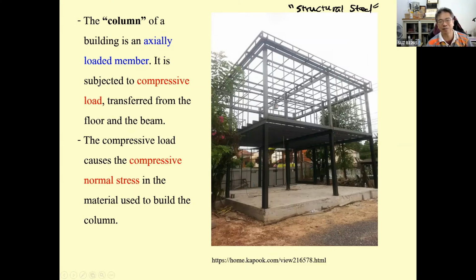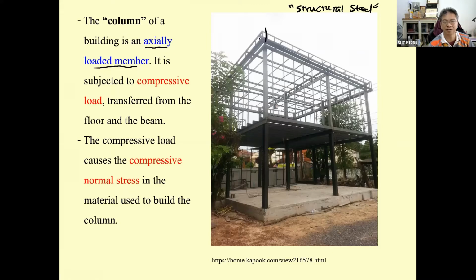So this is a new thing for your new generation. And then we come to the column, on the top and on the bottom. This is a two-story building. The column on the top takes the force on the roof. The column on the first floor takes the force from the second floor and transfers it to the foundation. The columns of the building are also axially loaded members.